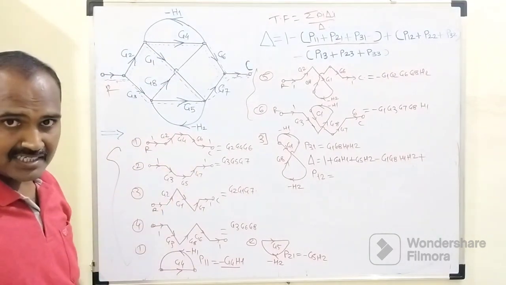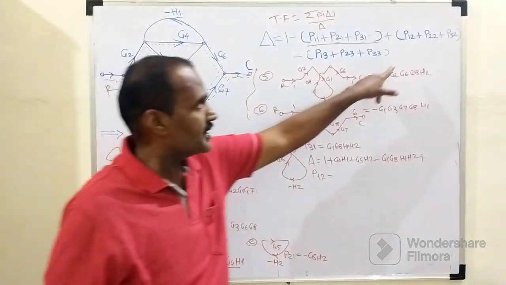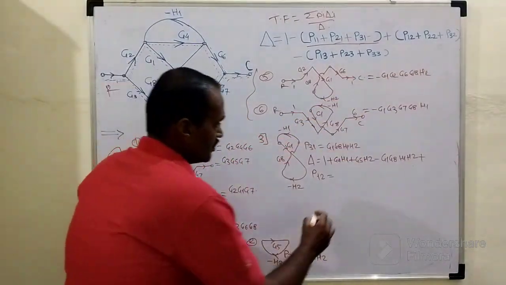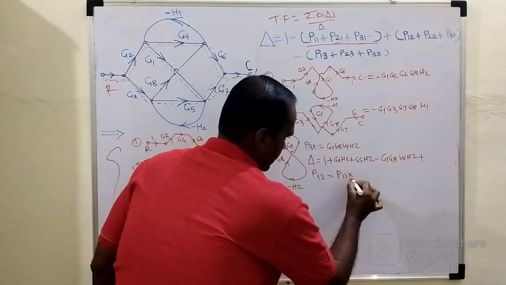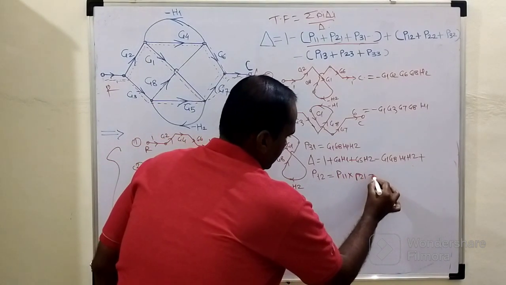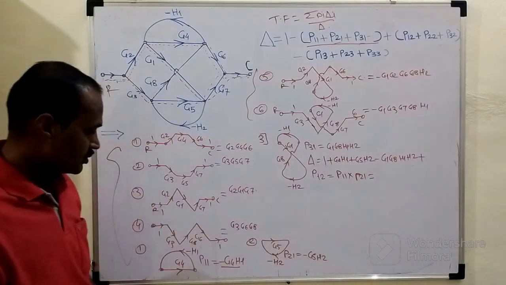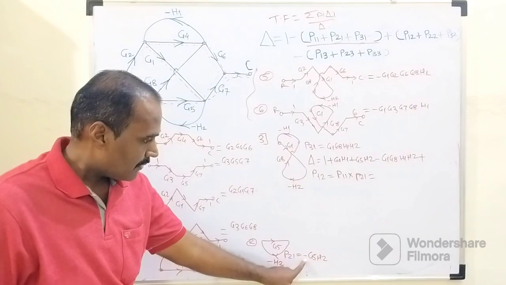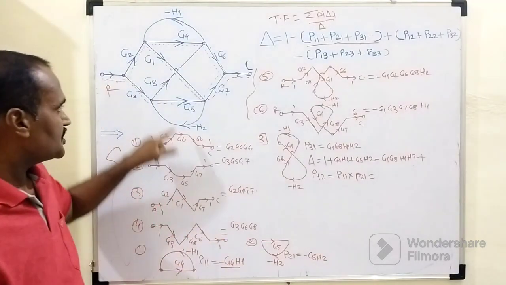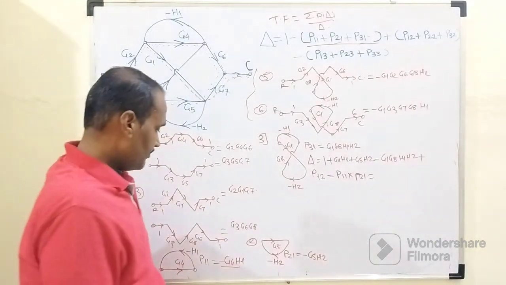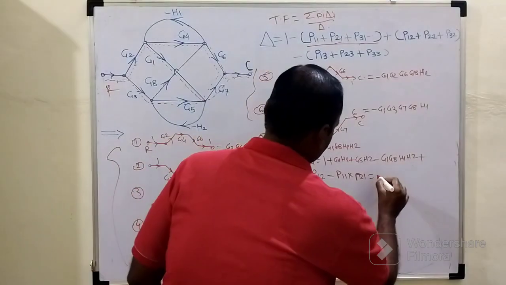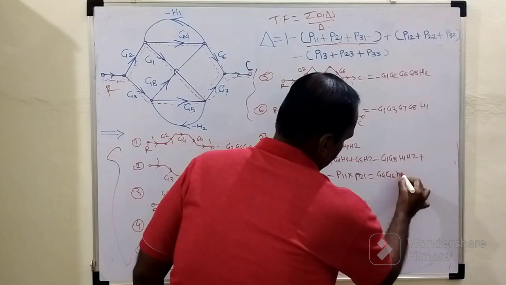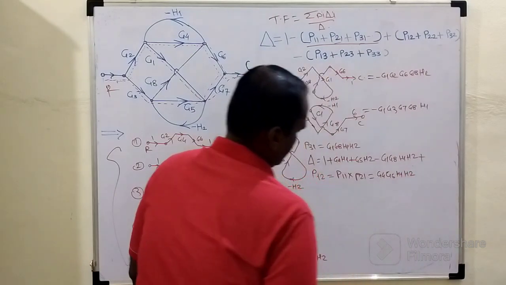Their gain product itself is a parameter which is to be written within the second parenthesis, P12. So P12 equals P11 into P21, where P11 equals minus G4 times H1 and P21 equals minus G5 times H2. So their product will become G4 into G5 times H1 into H2.